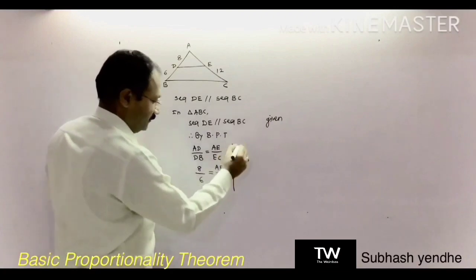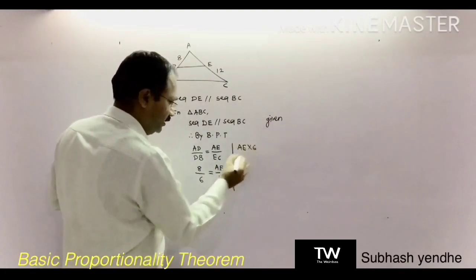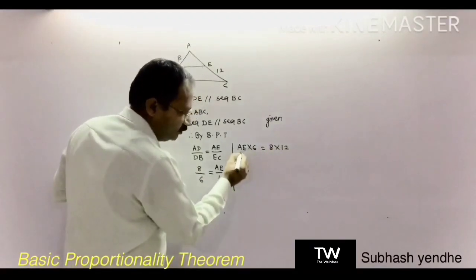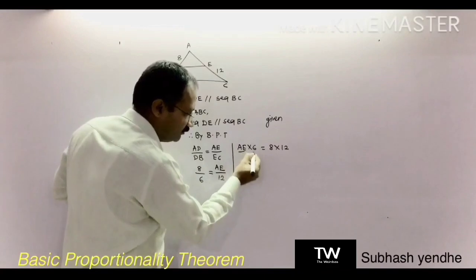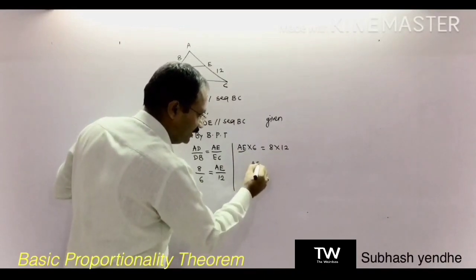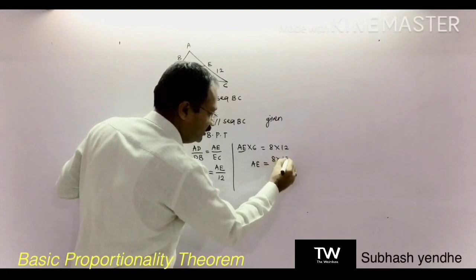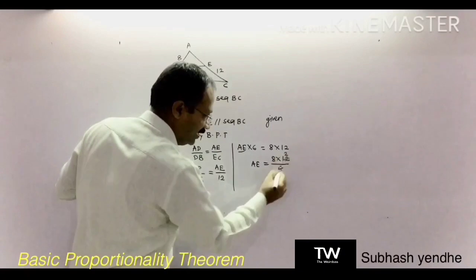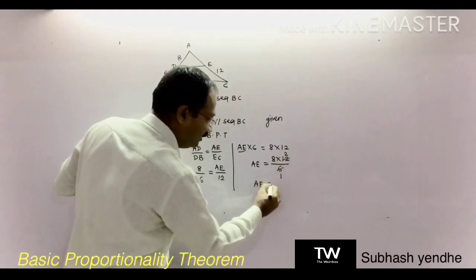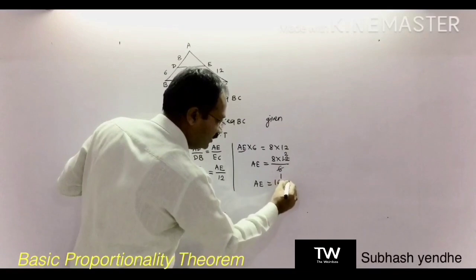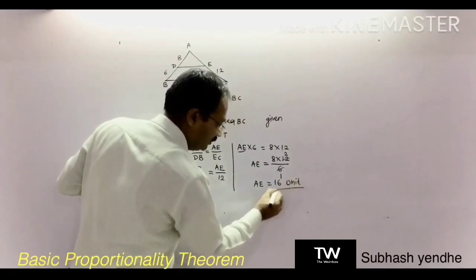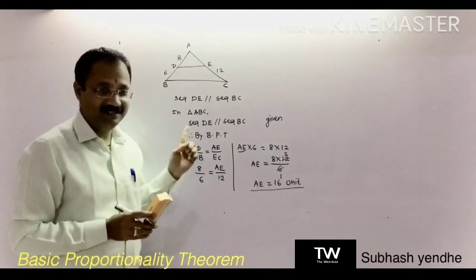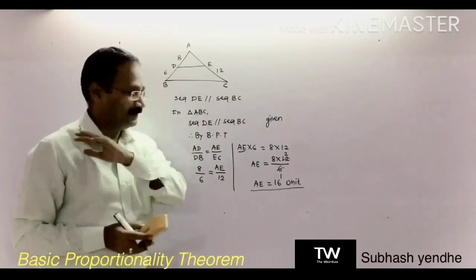Cross multiplication. AE into 6 equals 8 into 12. You have to find the value of AE. Therefore 6 goes to that side. You will get AE equals 8 into 12 divided by 6. 6 ones are 6, 6 twos are 12. So the answer is AE equals 16 units. This is your answer. So always remember this: if the line is parallel in a triangle, then you have to use BPT.